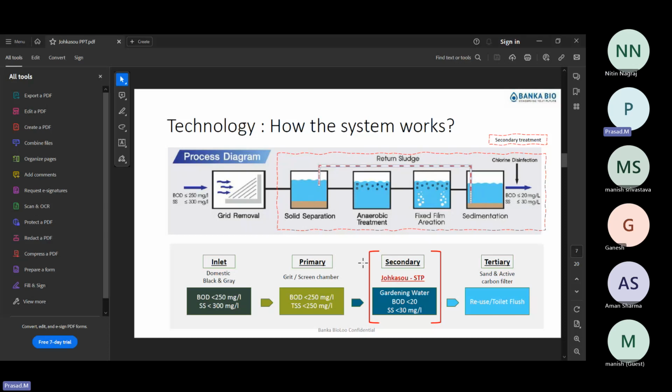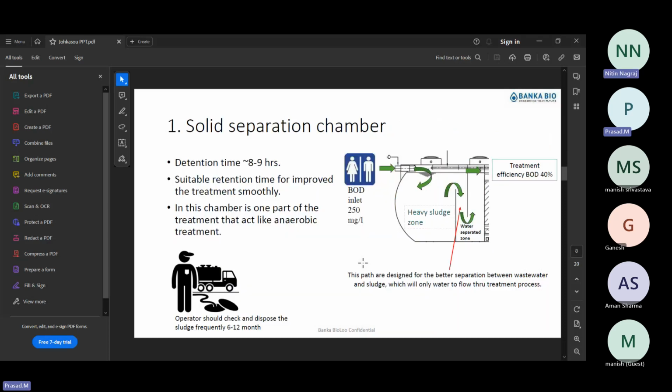For the anaerobic treatment, one minute, I will show you. See the structure here. You can see the height of that overflow pipe. The solid particles will settle here, and then the overflow goes from this compartment to the anaerobic tank.